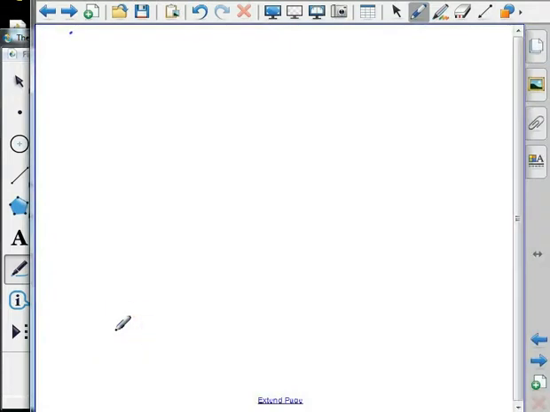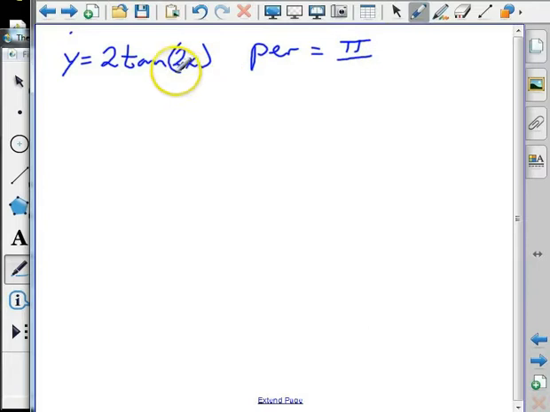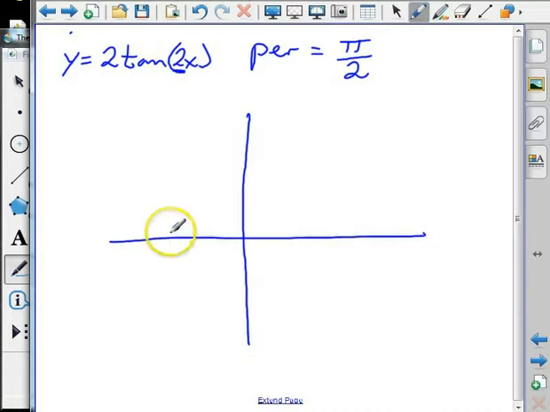All of our rules for transformations apply to tangent. For example, if I wanted to do y equals 2 tangent 2x, the period is our regular standard period, 1 pi, divided by the number in front of x, 2, which means that instead of going between negative pi over 2 and positive pi over 2, I'm now going to go between negative pi over 4, half of where it usually is, to positive pi over 4.